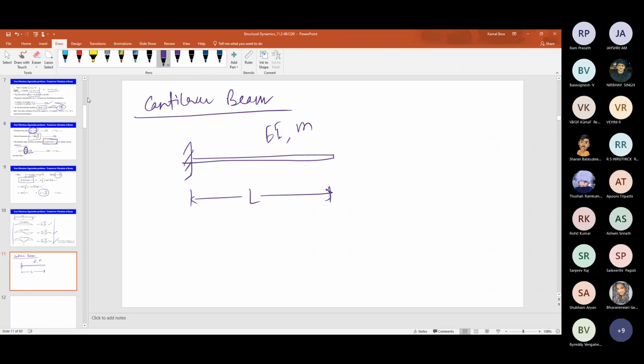At this end obviously V equals 0, that is V(0,t) equals 0, and the slope will also be 0. That is del V by del x evaluated at x equals 0 will be 0. So I can write Y(0) equals 0, and dY by dx evaluated at x equals 0 equals 0.